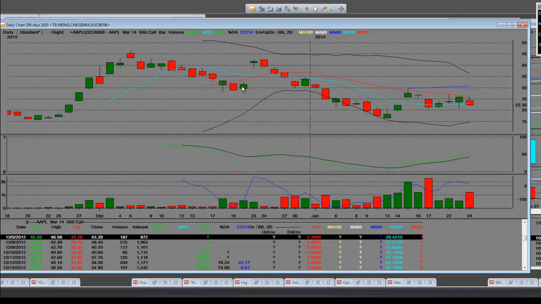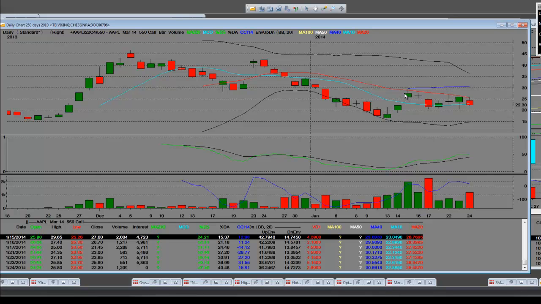And then the contracts during this phase, when Apple was going down, they hit a high, they dropped to a high of 31 and a low of 29. Then they popped right back up here to 42.65.